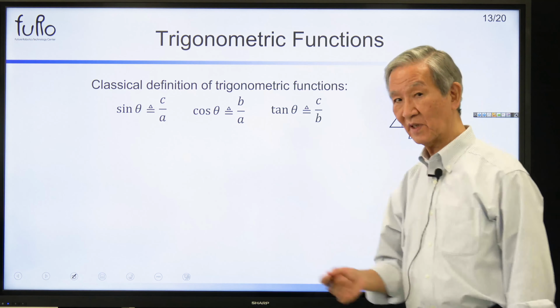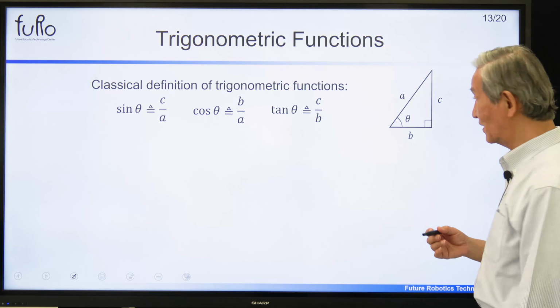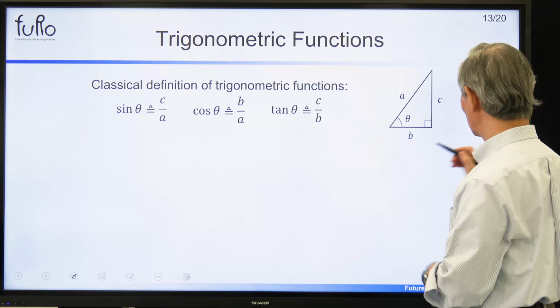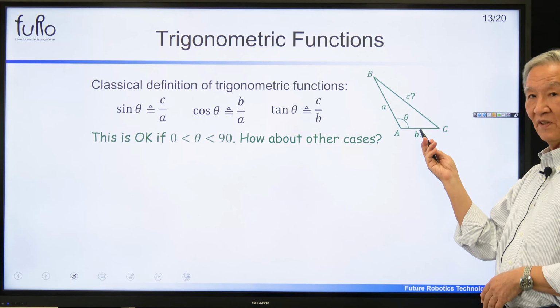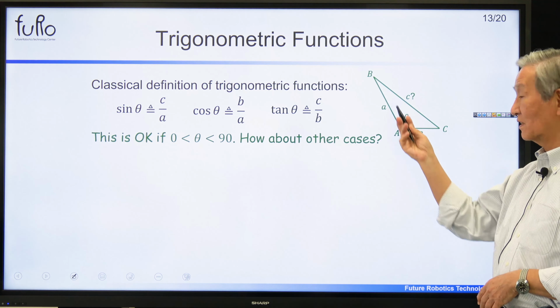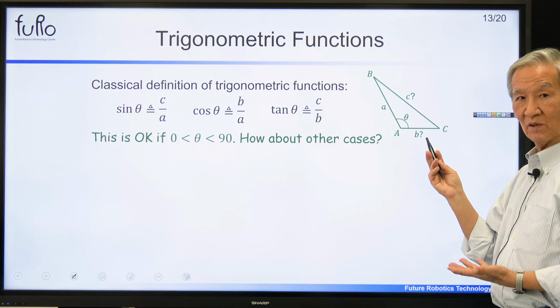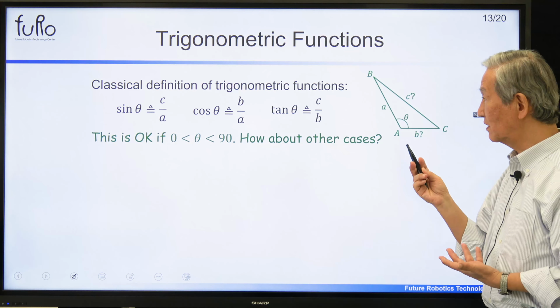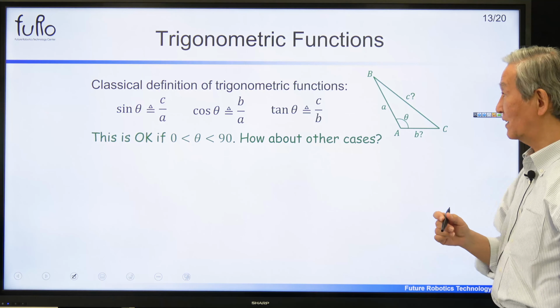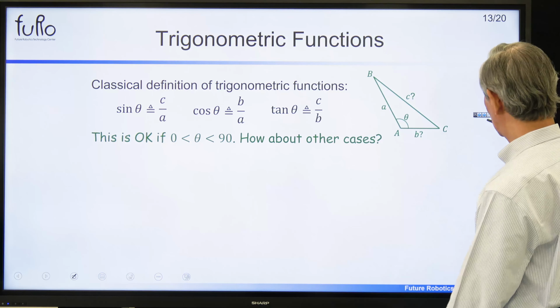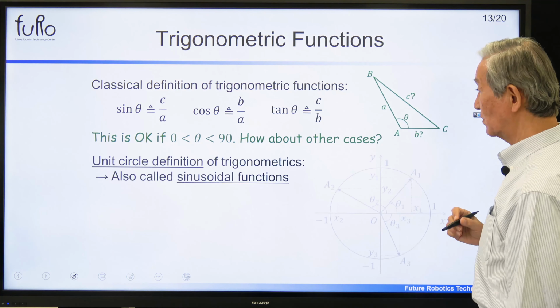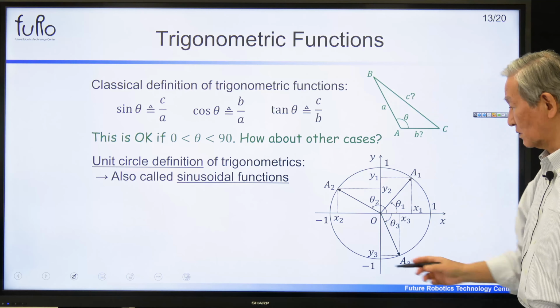But if theta becomes greater than 90 degrees, what's going to happen? It looks like this one here. Wow, this is not even a right triangle. So how do we define sines, cosines, and tangents? Instead of this definition using triangles, we do have a definition using the unit circle here.